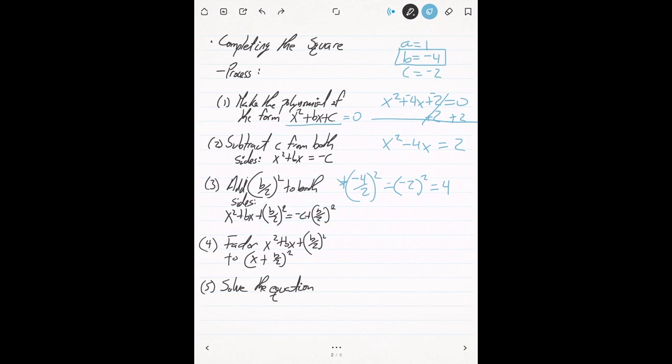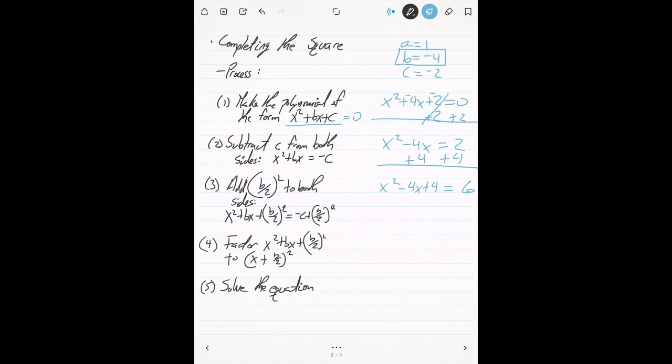And let's see what we get here. So let me clear some space. I'm going to add 4 to both sides. Plus 4 and plus 4. We end up with an x squared minus 4x plus 4, because none of these are like terms, so they don't combine, equals, well, these actually do combine. That makes a 6.